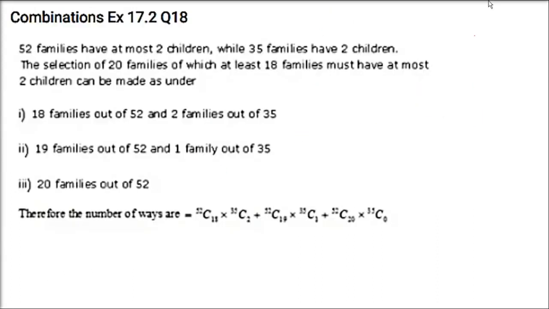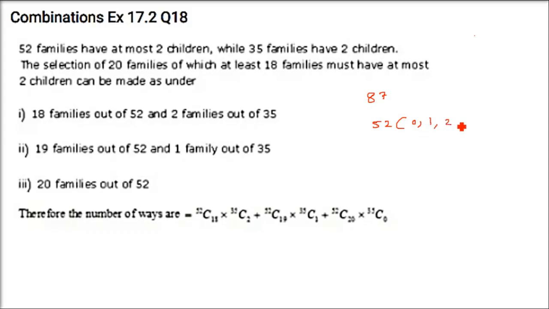Question is, there is a village. There are 87 families, of which 52 families have at most 2 children. At most means they can have 0, 1 or 2.